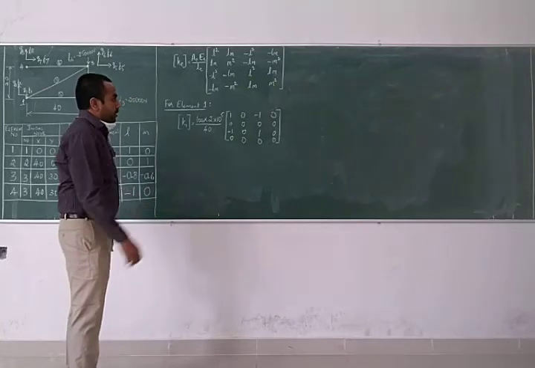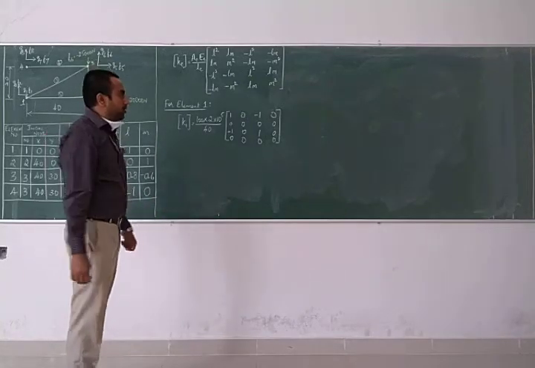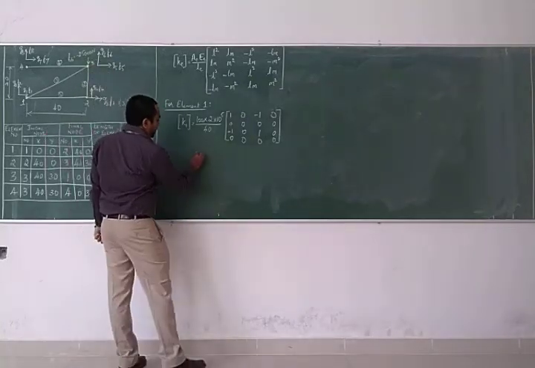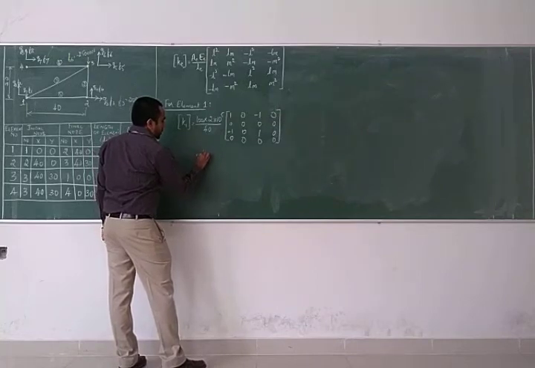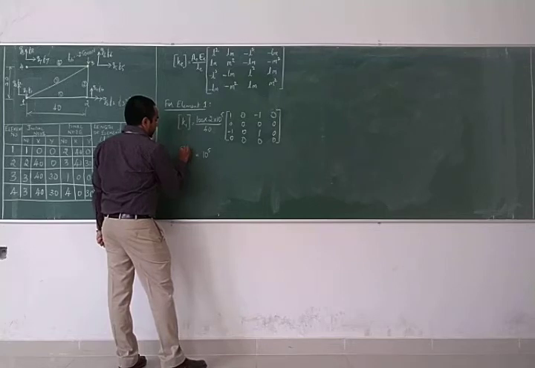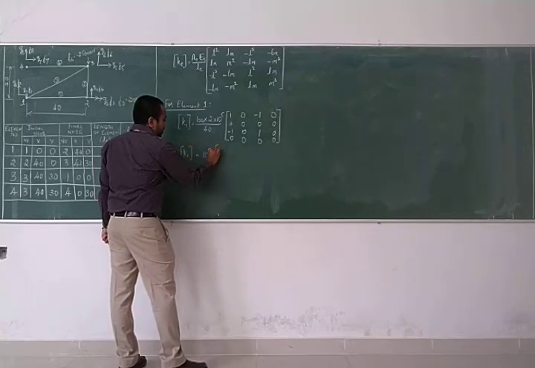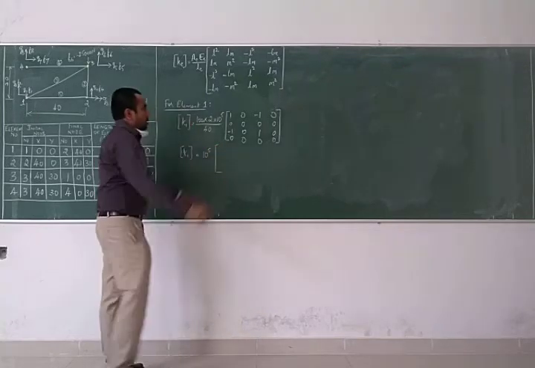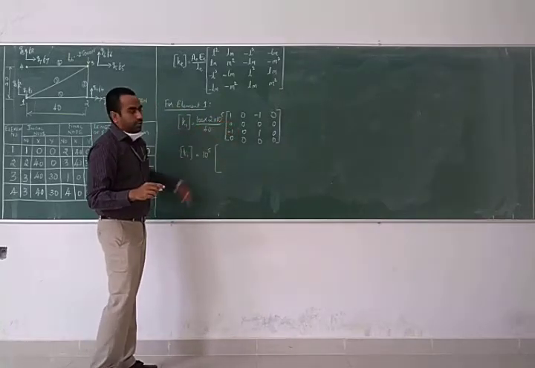As we have been doing before, we will keep 10 to the power of 5 common. So this will become 10 to the power of 5 K1, with 5 multiplied inside the matrix.